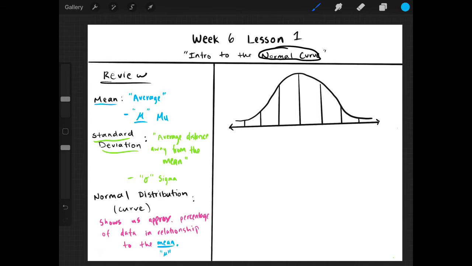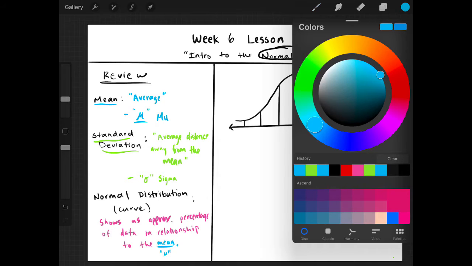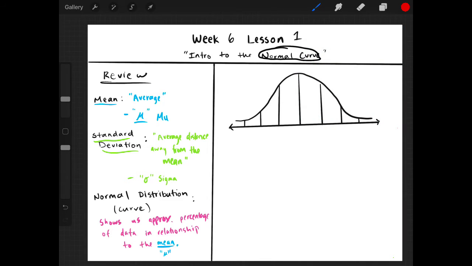It's called the empirical rule, and what we know is we have these three percentages: 68%, 95%, and 99.7%. 68% of the data will lie within one standard deviation of the mean. 95% will lie within two standard deviations. 99.7% is within three standard deviations. Now we're going to use these percentages to fill in the normal curve, and I'm going to give you guys some different percentages to look at.